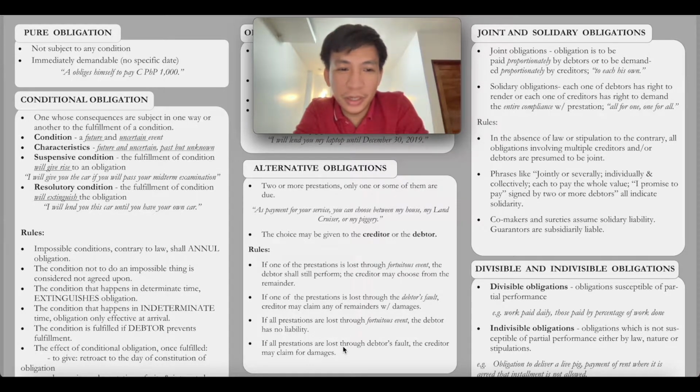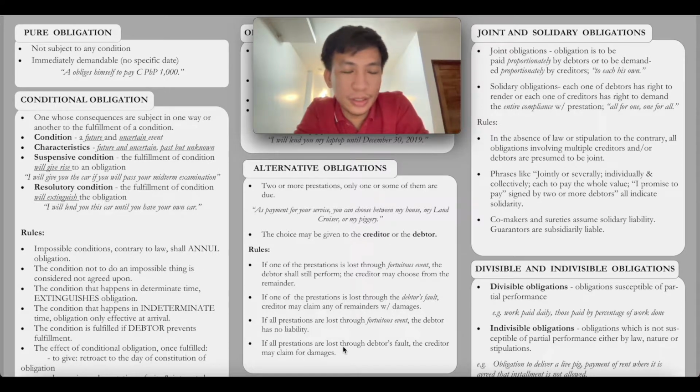Another interpretation there is that is an example of an impossible condition. It means it will annul the obligation. In the first place, hindi seryoso yung tao na to enter into that obligation to begin with. So the obligation is annulled. Well, however way you look at that, it's up to you.